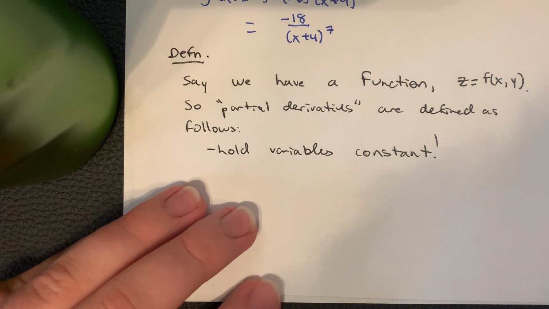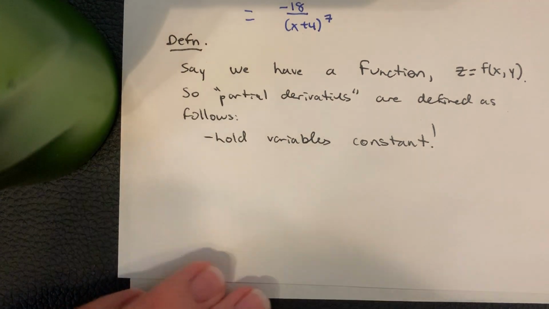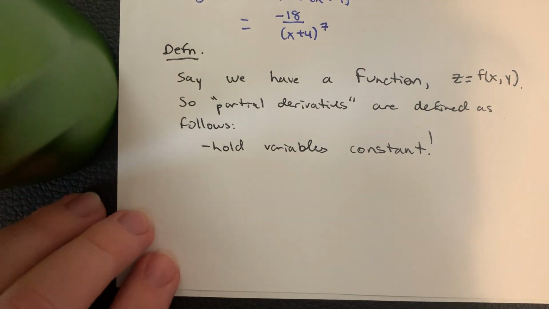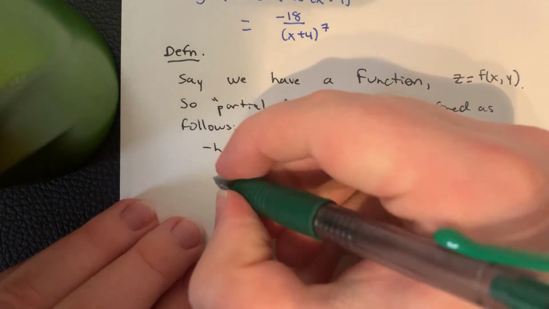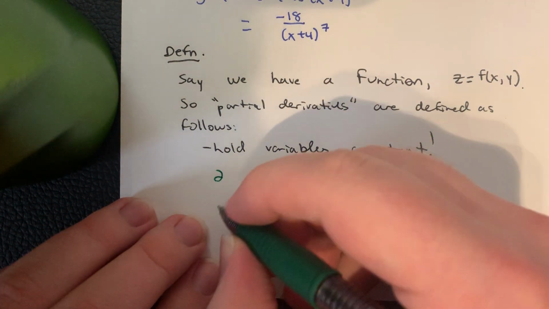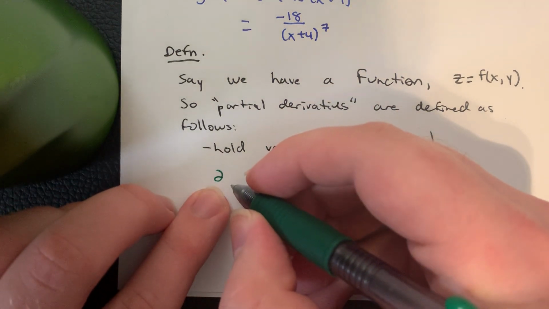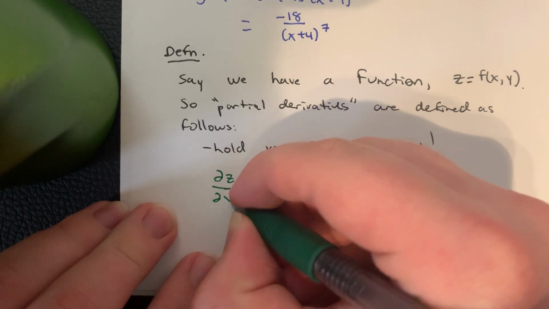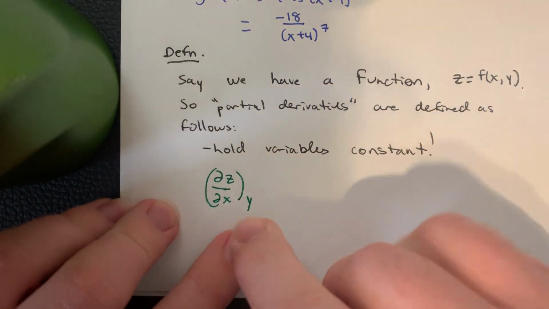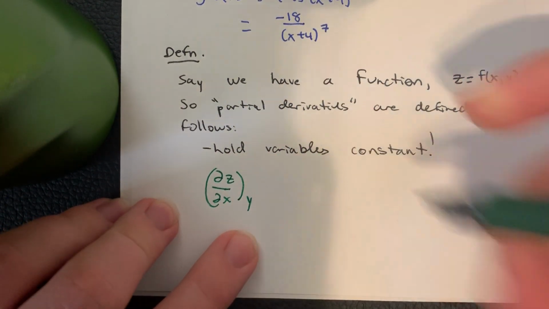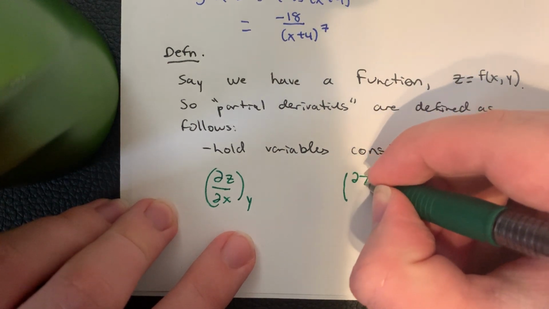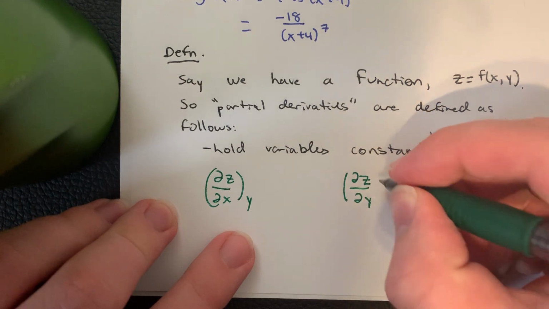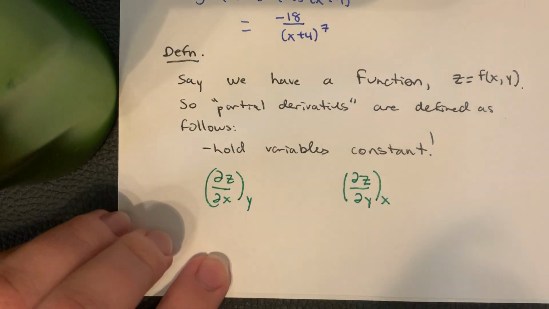So I'm going to write this in a different color here. For this function z is equal to f of x, y, we have, this is called del or partial. So partial z over partial x. This means we're going to hold the y constant. Del z over del y, holding the x constant.